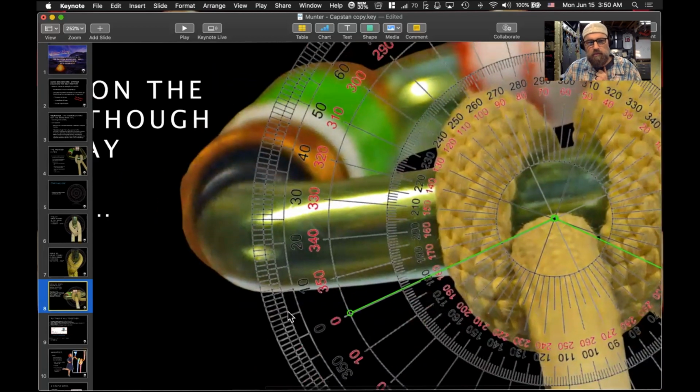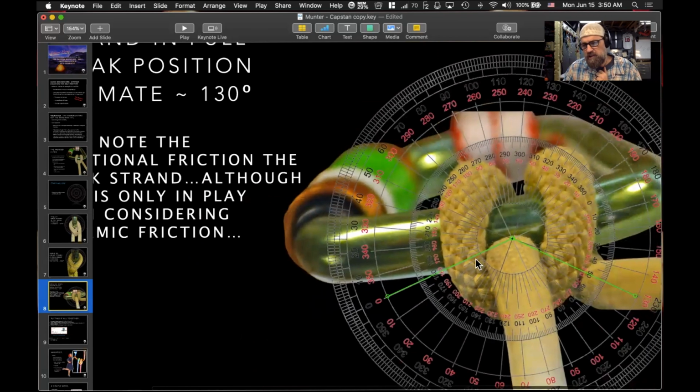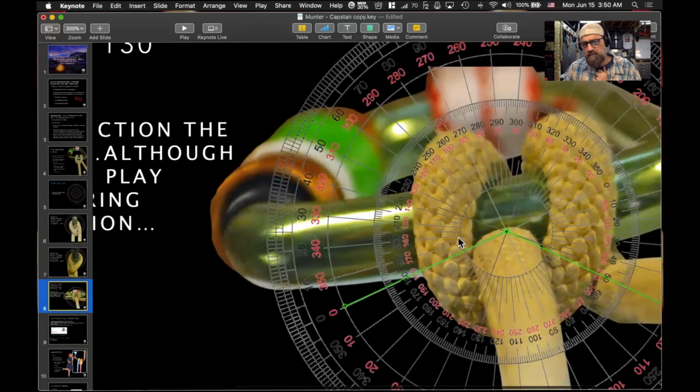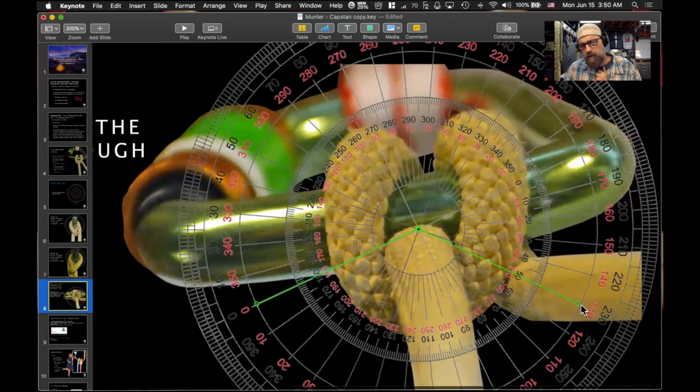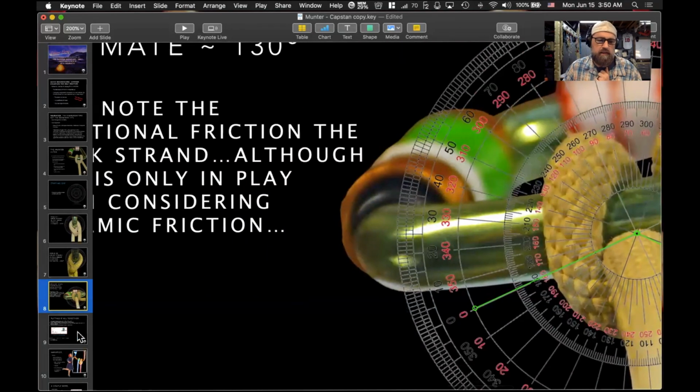So same way, we estimate this one. We plot here at about 130 degrees. So all we're looking at is just this contact portion right there. So there's our 0 coming in, where it just starts to hit rope on rope contact. We follow that right around here, and we're coming out right at around 130. So from there, this is where all the excitement starts.